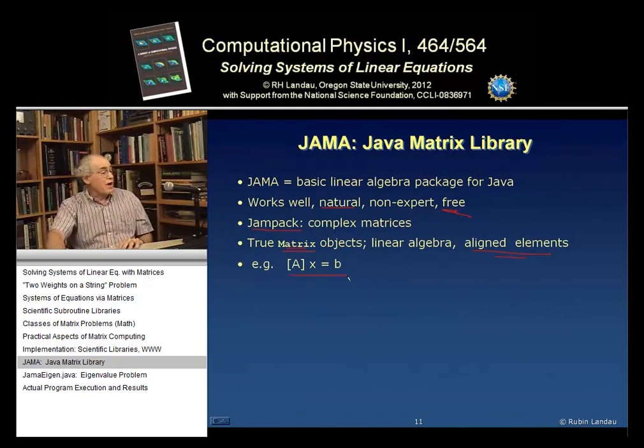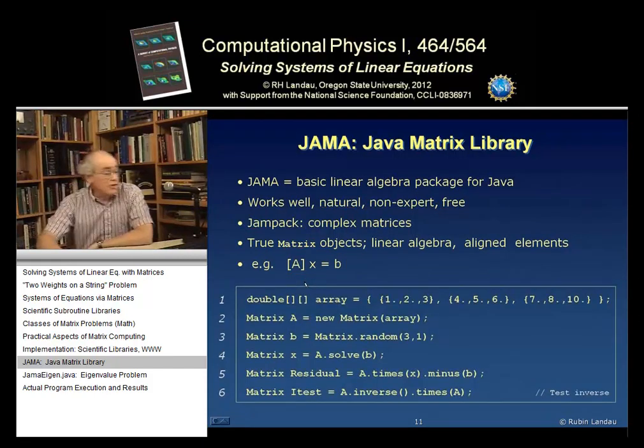Here's our classic problem, AX equals B, a linear algebra problem. On the bottom of slide 11, you actually see how you would use this in a program in Java. As you see, we start off with an array. We're just calling the variable array as a name. That's not a type.